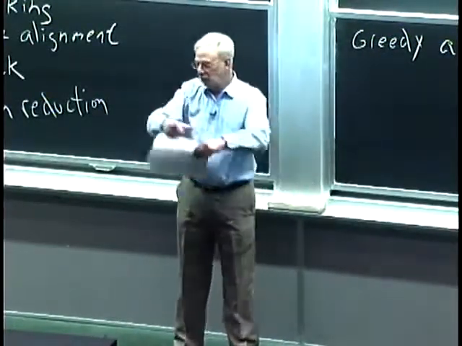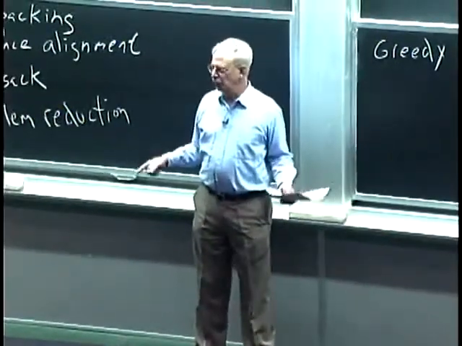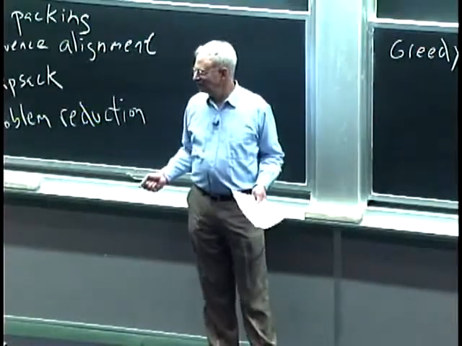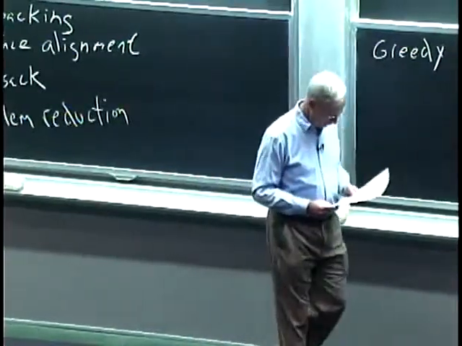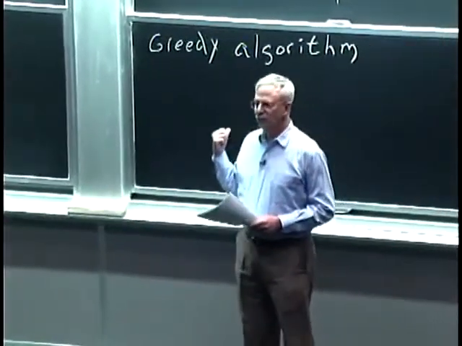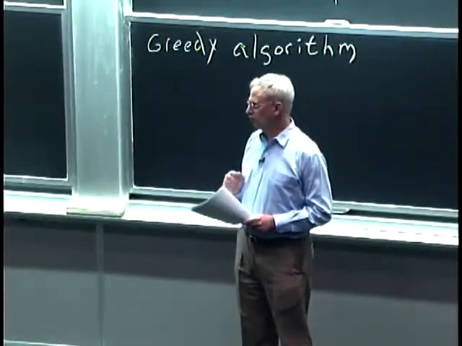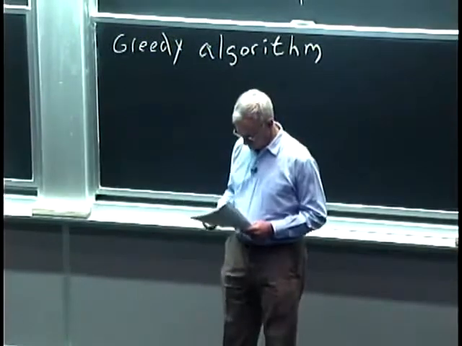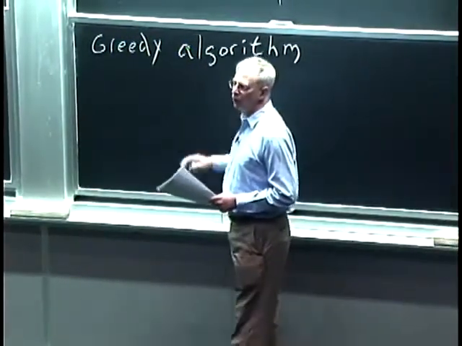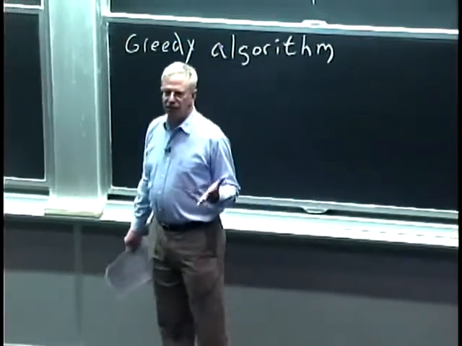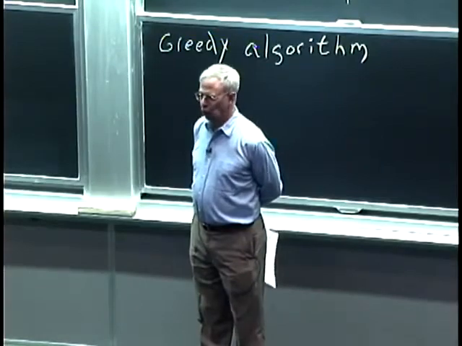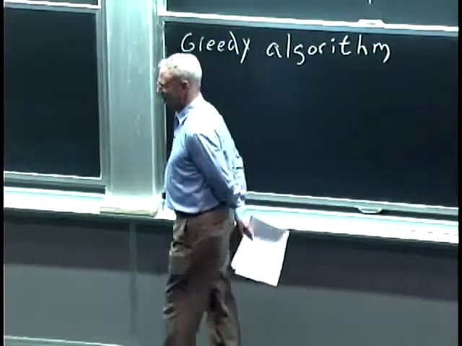You know, it's like when someone gets their food and they start by eating dessert, just to make sure they get to the best part before they're full. In this case, a greedy algorithm actually gives us the best possible solution. That's not always so.